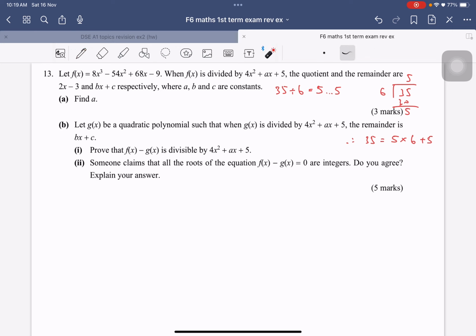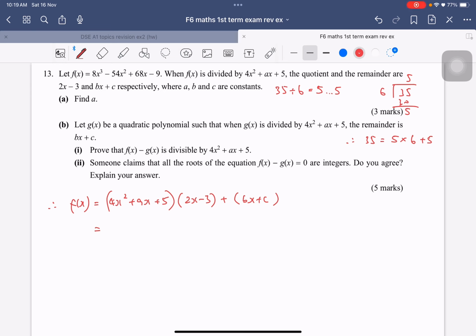Now we can write f(x) as the divisor times the quotient plus the remainder. So first of all we write down f(x), which is equal to (4x squared plus ax plus 5) times the quotient, which is 2x minus 3, plus the remainder, which is bx plus c.